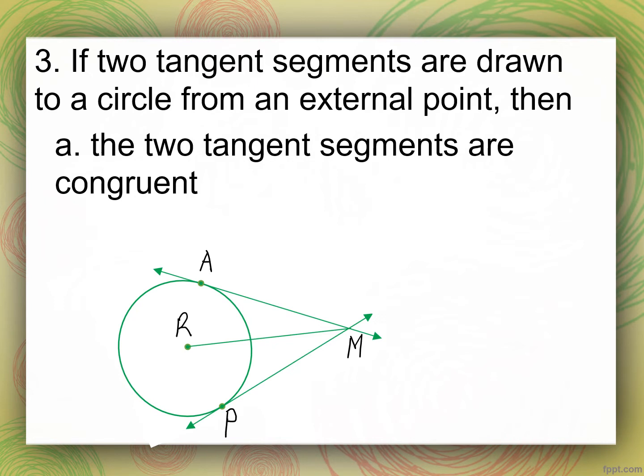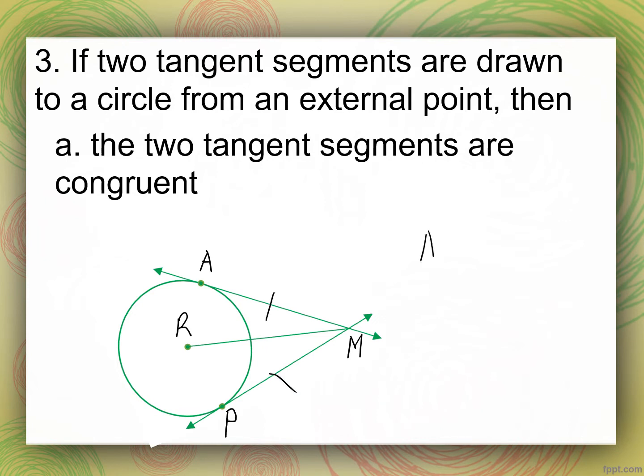So if you have this kind of tangent lines, one result will be that the two given segments, the parts of the given tangent lines, will be equal. So here we will have segment AM be equal to segment PM.